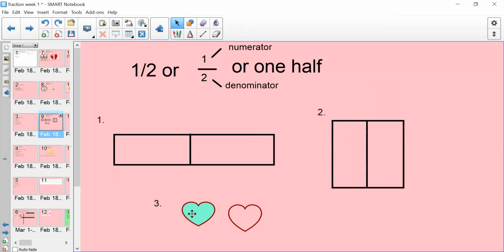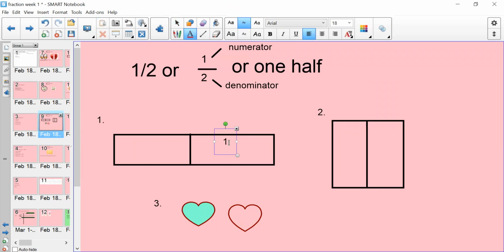So you've shown me you've colored in 1/2 of the 2. So all of these are representing 1/2. This is representing 1/2. This is representing 1/2. And this is showing 1/2.